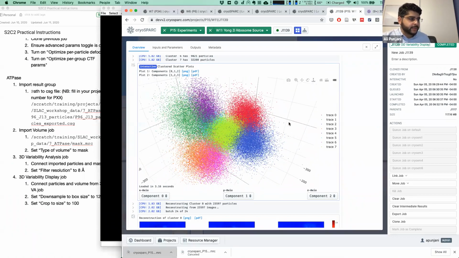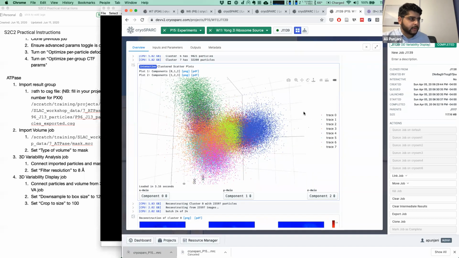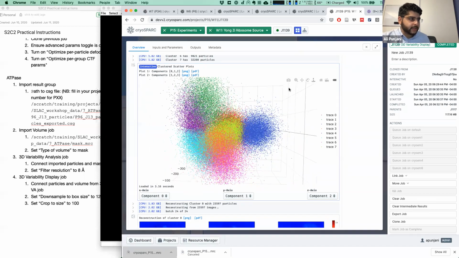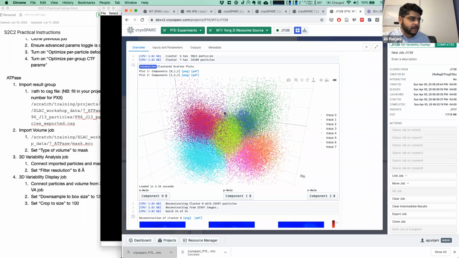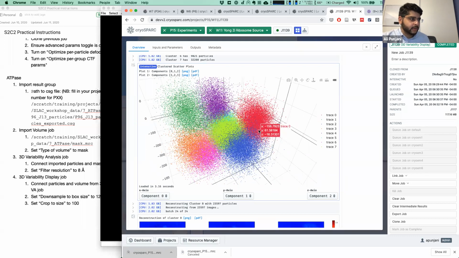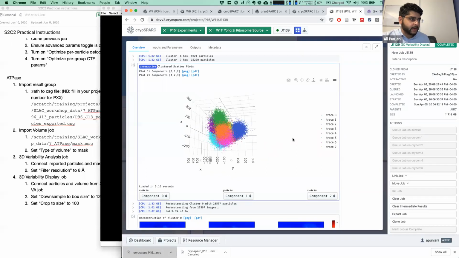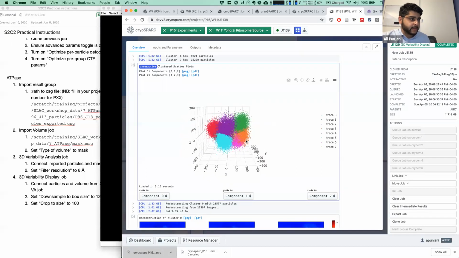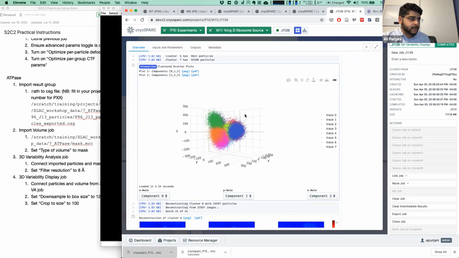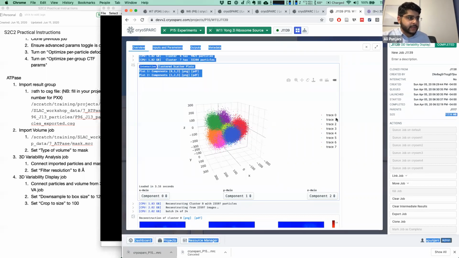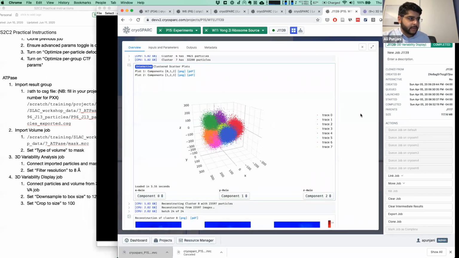You can inspect that distribution of particle points in the 3D variability components right inside of CryoSPARC to be able to see those different clusters and their positions in the 3D variability space. Okay, so that's another use case for which 3D variability can be useful.